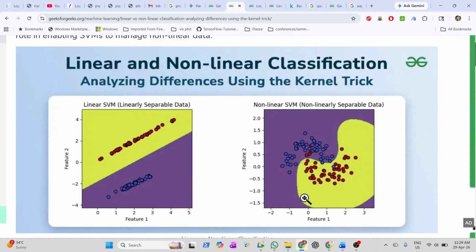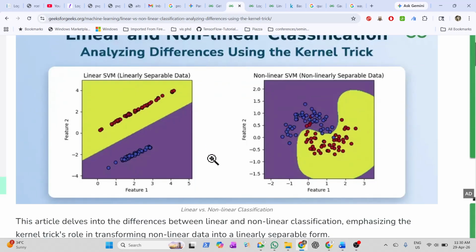There is some kind of a shape that is distinguishing or classifying blue classes and red classes. Some other shape, not a straight line. It is looking like a bean.